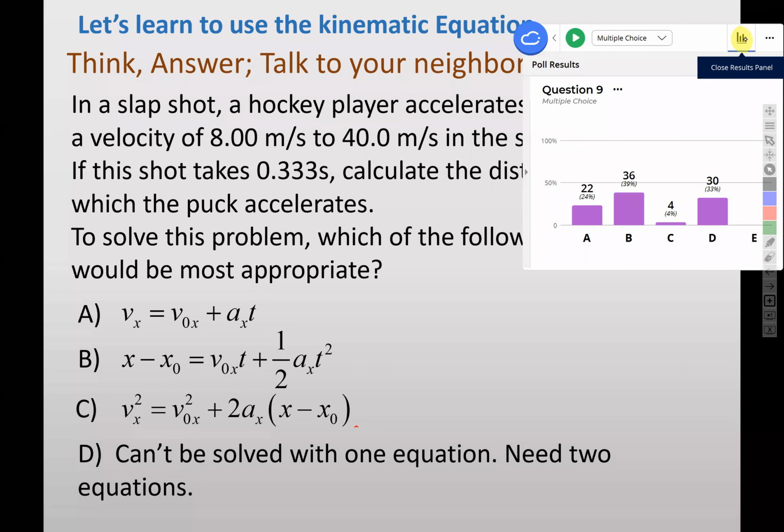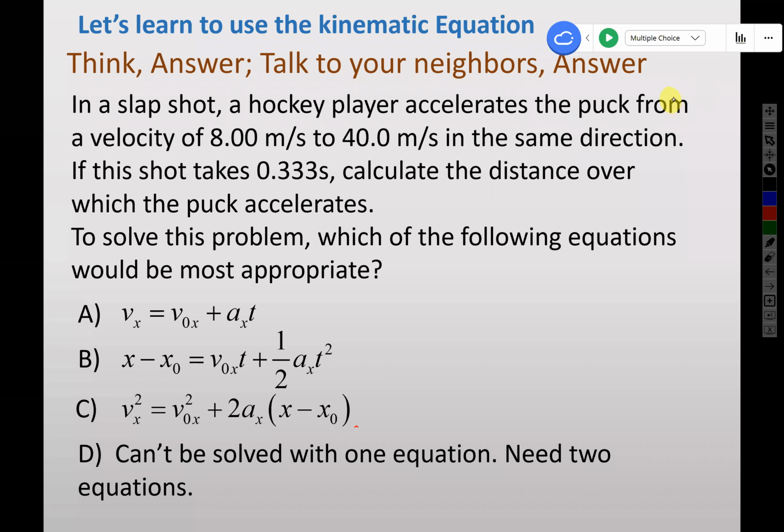Okay, so let's see what we got here. There is variety here. Interesting. I don't have much time to put you in the breakout room, so I'm going to talk about it. First step, list the things you know, okay? It says the player accelerates the puck from a velocity of this to this. So what are these numbers here? Are those accelerations or velocities?